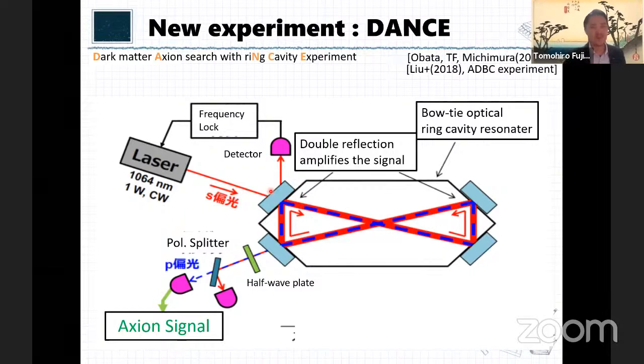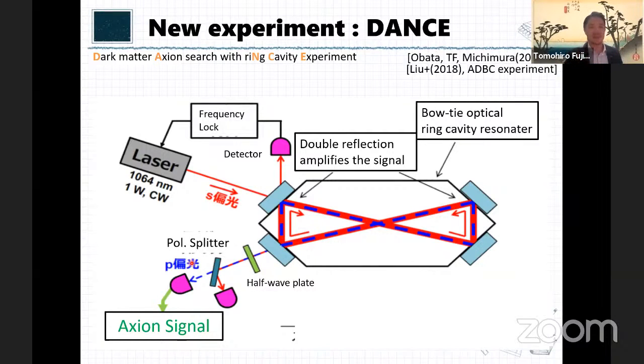But in reality, there are many noises, right? So what we want to do is monitor this perpendicular component of the polarization vector, and we look for the oscillating behavior of such a component, right?